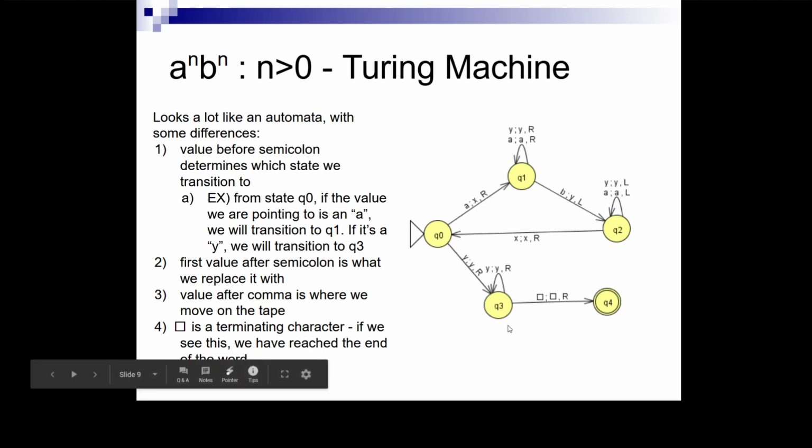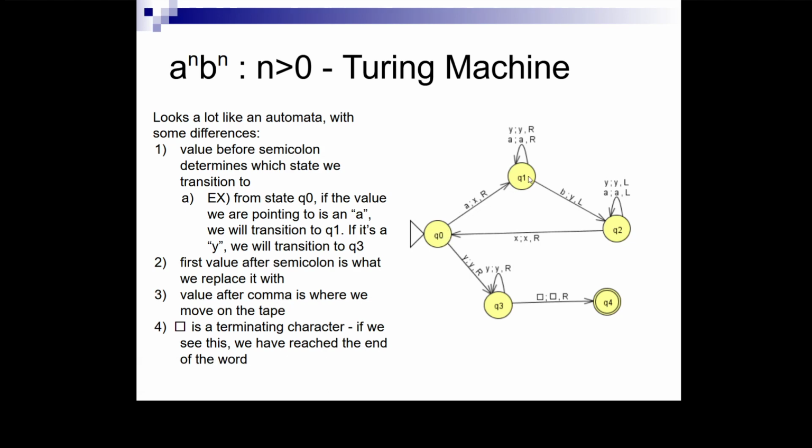And I guess the last thing I should highlight is that just like automata, if we are in state Q0 and we try to transition out, if we read in a value that is not A or not Y, which are the two out arrows here, so let's say we read in a B while we're in state Q0, there's no arrow out of Q0 that has a B as the first value.